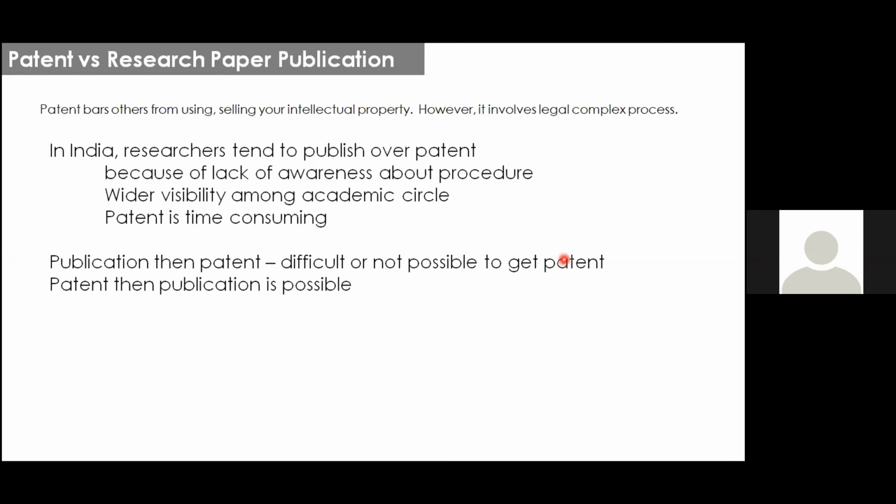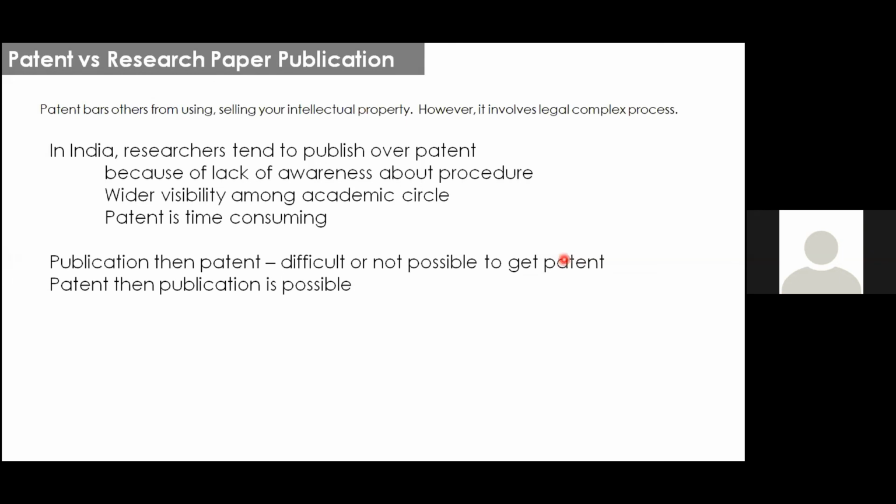The major reason is a lack of awareness about the procedure of filing or granting of the patent. Also, in many cases, publication in reputed journals gives more visibility among the academic circle, and that enhances your pay scale, your promotion, and all those factors.